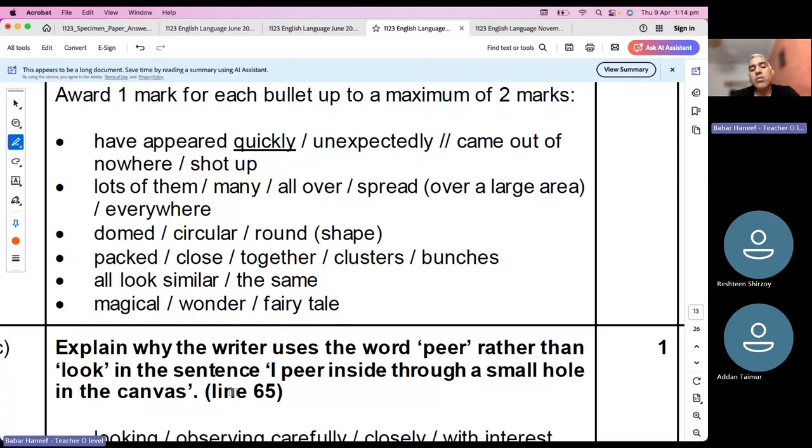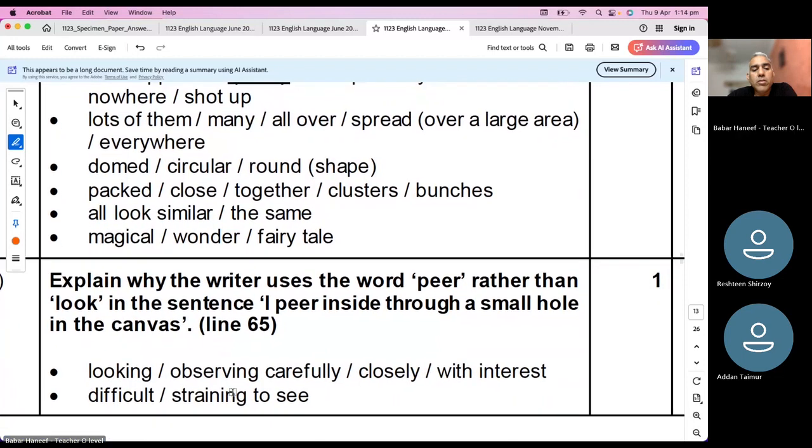So look closely, or look carefully, or observing something carefully. Peer refers to observing something carefully, or looking with interest, or when you are having difficulty looking into it, so you at times squint.